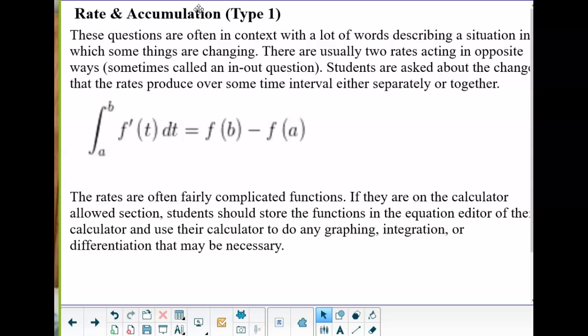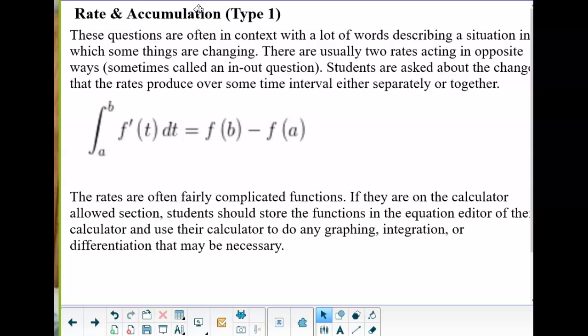So, again, don't write this part, but what are these types of questions? Well, they're often in context with a lot of words describing a situation in which some things are changing. There are usually two rates acting in opposite ways, sometimes called an in-out question: a rate of something going in and a rate of something going out. A lot of times it's like water going into a jug at a certain rate, and water coming out of a jug at a certain rate.